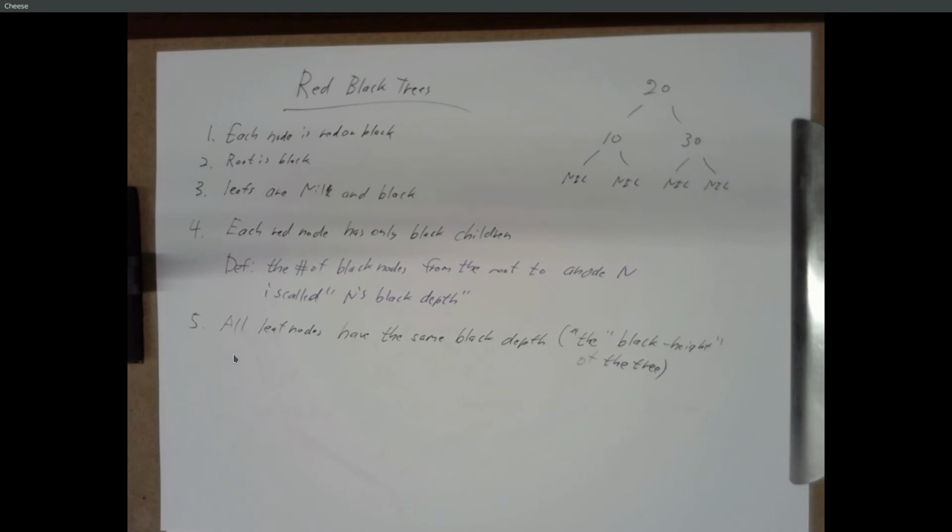I'm not going to go through how we do insertion or deletion, but it's a series of different cases. You have to look at your parent node, your grandparent node, and your aunt or uncle node, a sibling of your parent, the other child of your grandparent, to know whether you violated any of these conditions, and if so, what you have to do to adjust it. You do something similar to a rotation, including recoloring nodes, and you can restore these in a fixed amount of time.